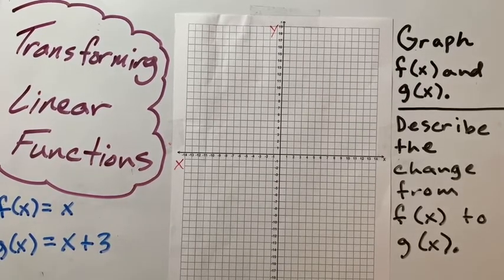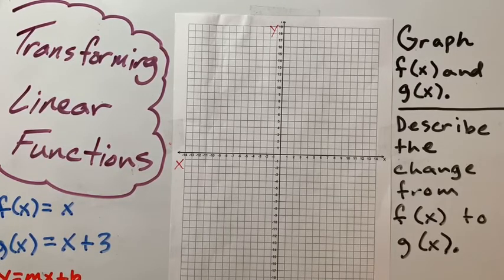The first thing we want to do is graph f of x and graph g of x. This should remind you of the slope-intercept form. Let me go ahead and write that down. We're going to use the slope-intercept form, which is y equals m times x plus b, to graph these two equations.